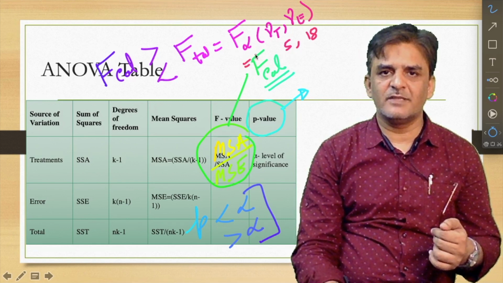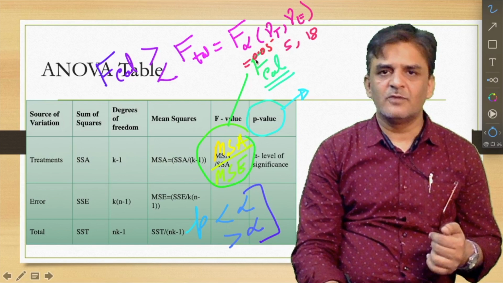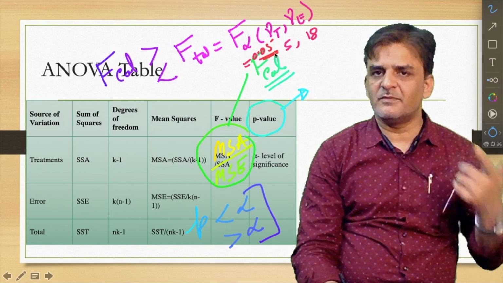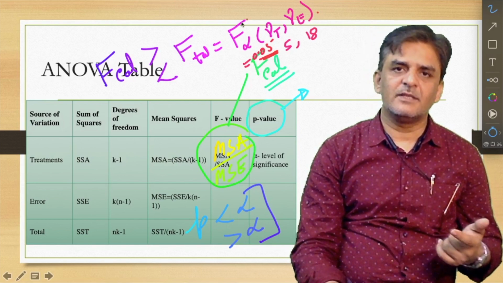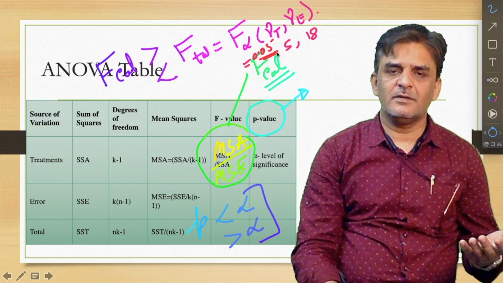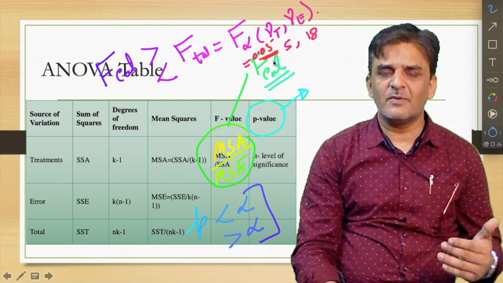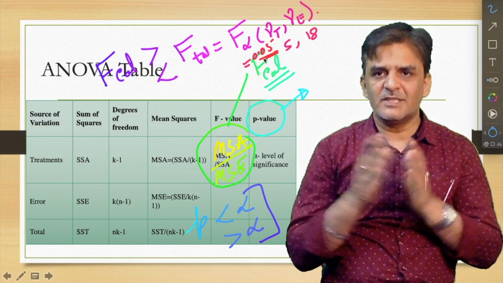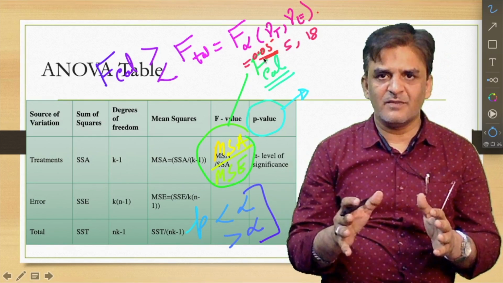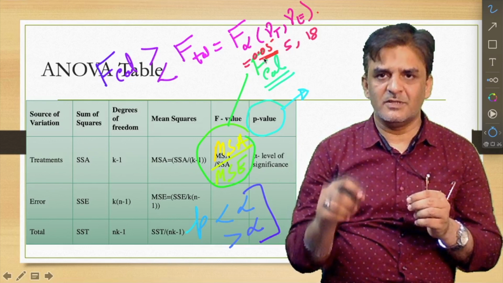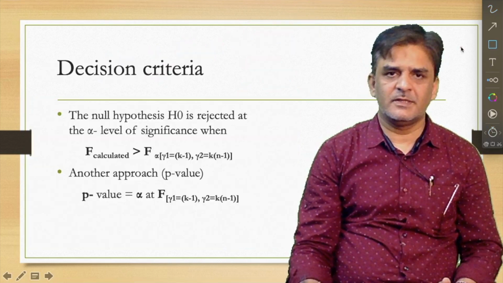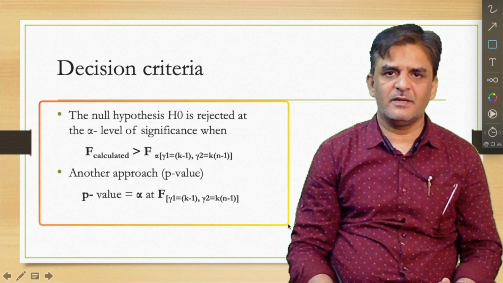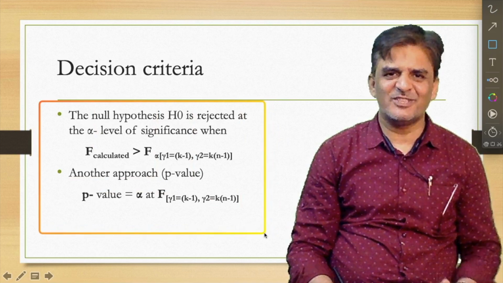No problem, alpha is assumed as 0.05. So with respect to the 0.05 table of F distribution, we can pick up this value from the table, and that value will help us decide whether machines have a significant difference on the rubber strength or not. So this is the decision criteria. I have written it in a slightly summarized form.